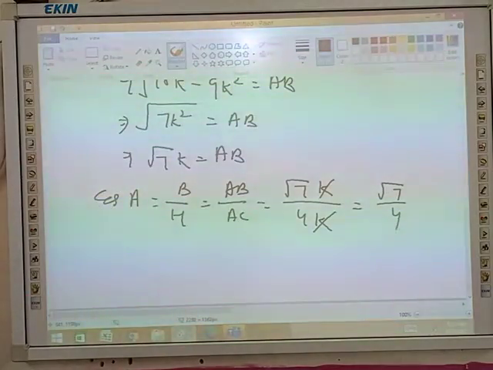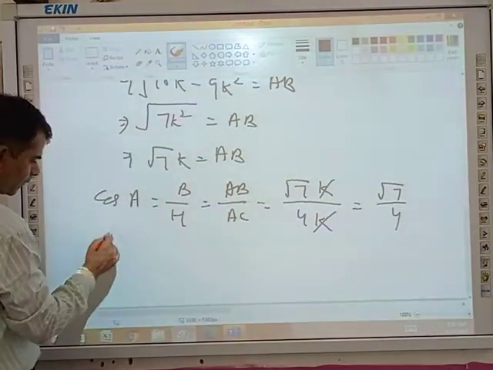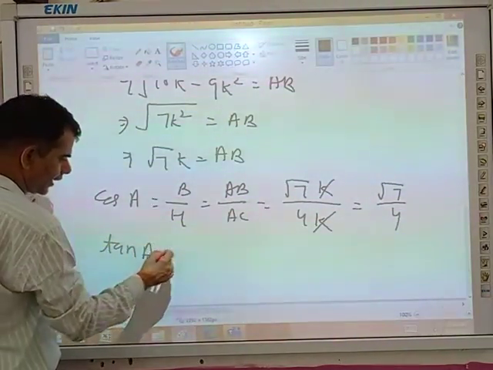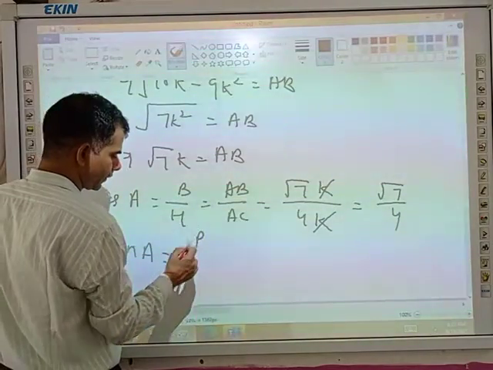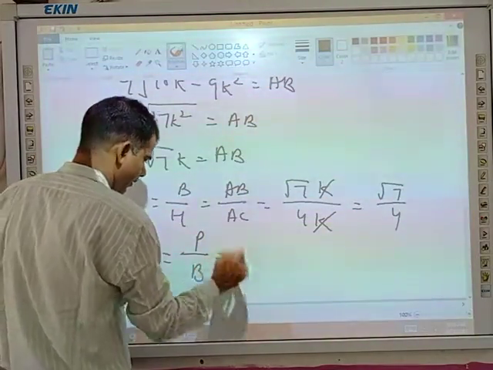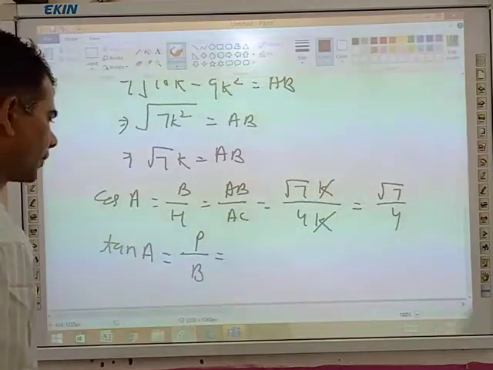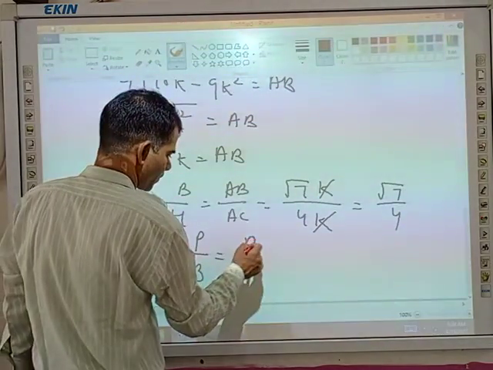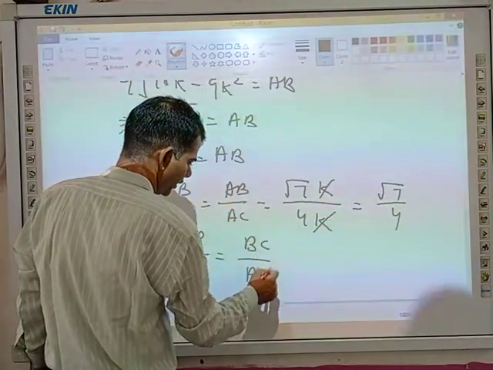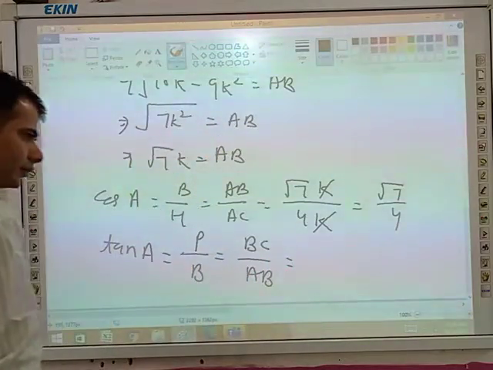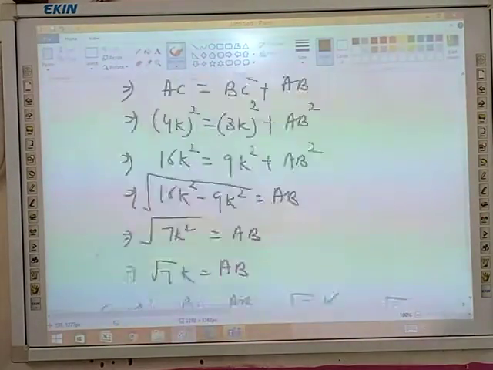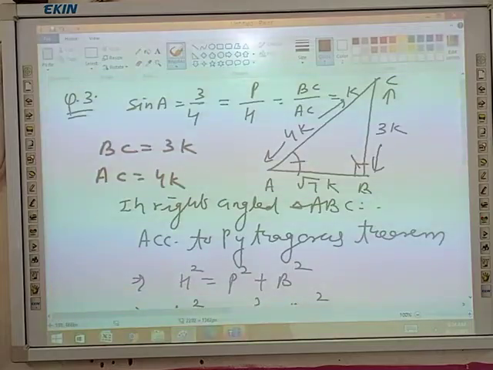Now next we have to find out the value of tan A. Tan A is perpendicular upon base. Perpendicular is your BC, base is your AB. What is your BC? 3K.